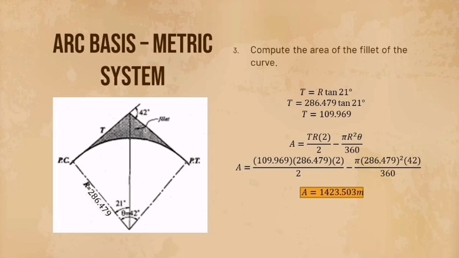After we get the tangent, we will now get the area. The formula for the area is A equals TR over 2 minus pi R squared theta over 360. After we substitute the given values, we get A equals 1,423.503 square meters.